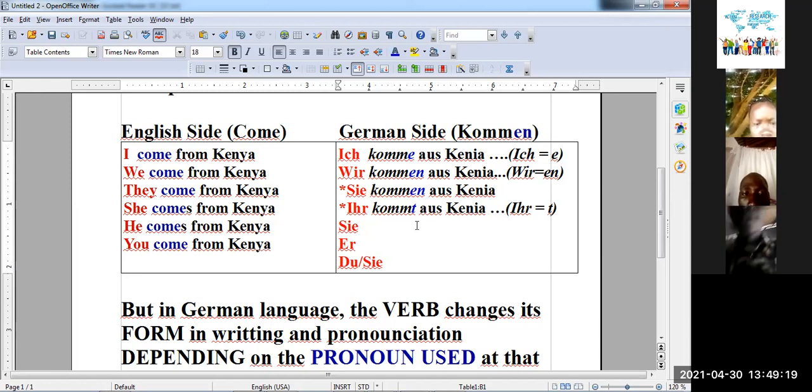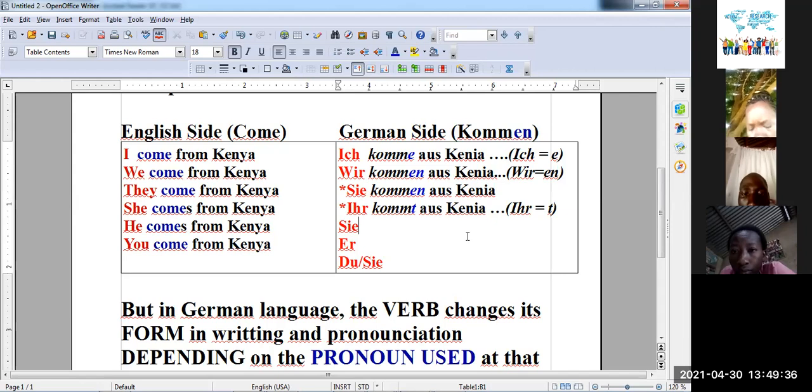Why sie kommen? Because I'm talking about two people. They come from Kenya. But if I say, no, come on, I'm too advanced, I don't want to use sie, I'm going to use ihr, then I'm going to say, ihr kommt aus Kenya.